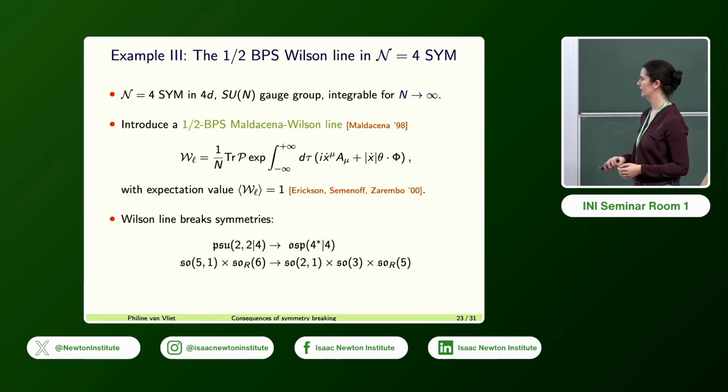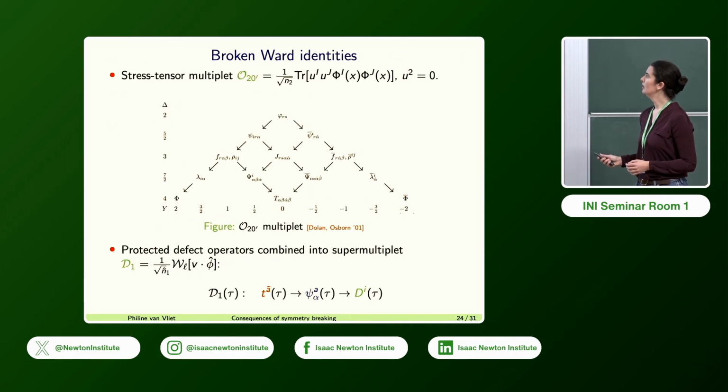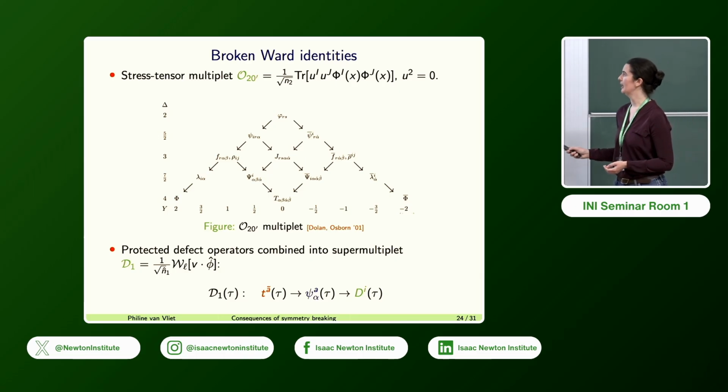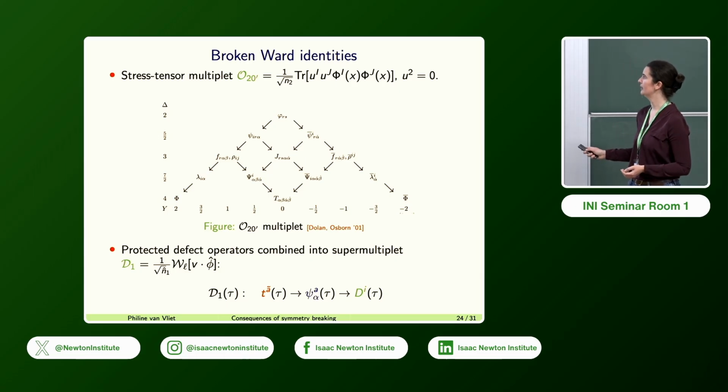And we can use the same constraints. Now we have the stress tensor, the flavor current, and also the supersymmetric current, and they nicely arrange themselves into a single supermultiplet, which is called O20 prime.